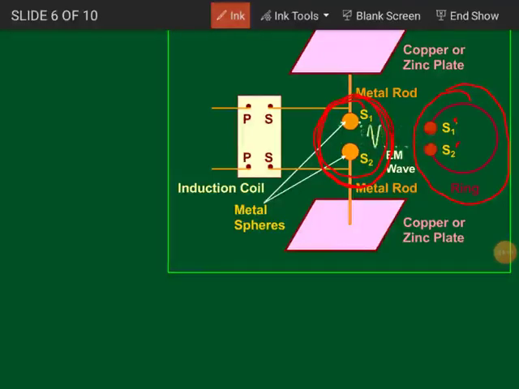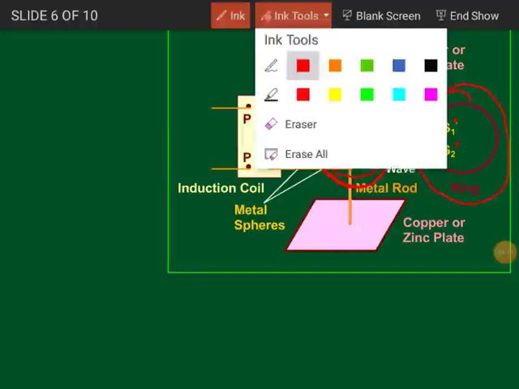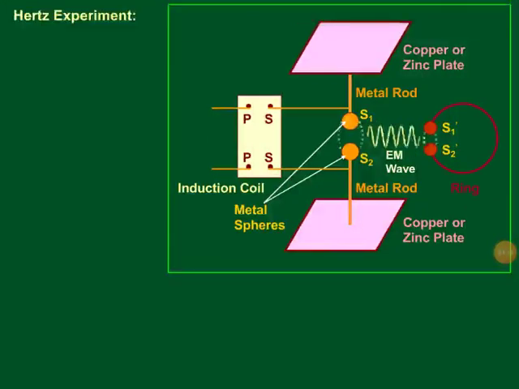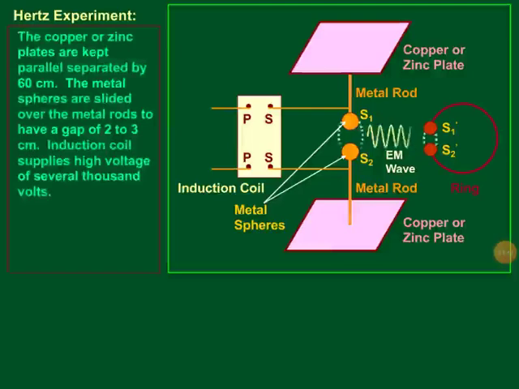So likewise, Hertz was able to produce electromagnetic waves, and not only produce them, he could also detect them. Let me give you a brief description about this, and I will try to switch on to the next slide.